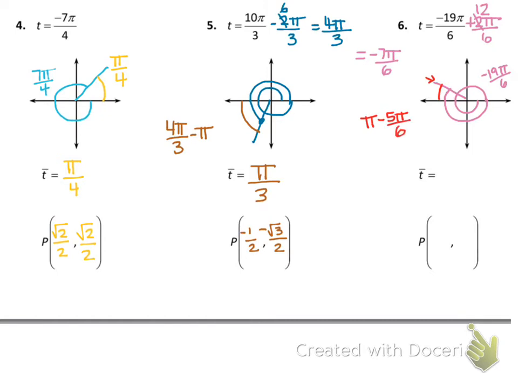So that point, so negative 7 pi over 6 revolves all the way around to the value that is a positive 5 pi over 6, which gives you a reference angle of pi over 6. My pi over 6 values are root 3 over 2, comma 1/2. Since I ended in the second quadrant, then my first value needs to be negative.